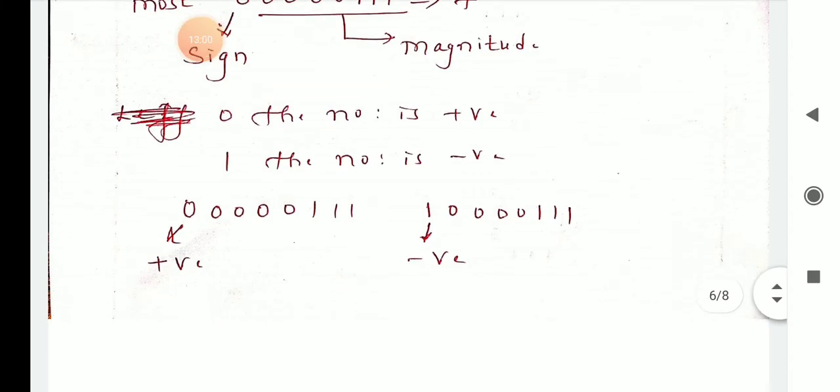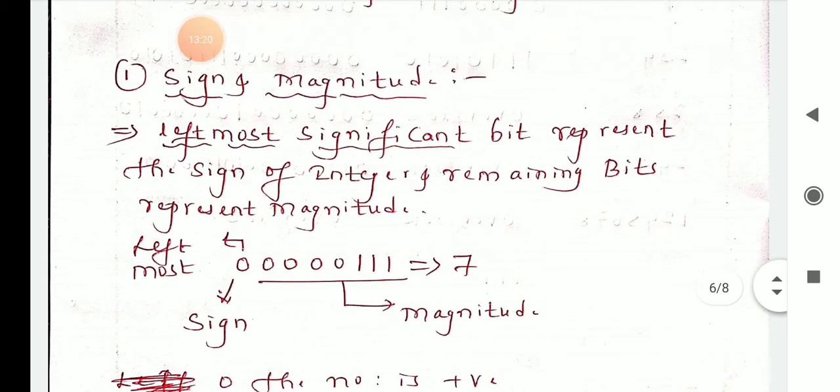Consider one example again: 00000111. The first leftmost digit is 0, so it is positive. In the same way, 10000111 has 1 in the leftmost, so it is negative. Okay, so this is a very important part for sign and magnitude.